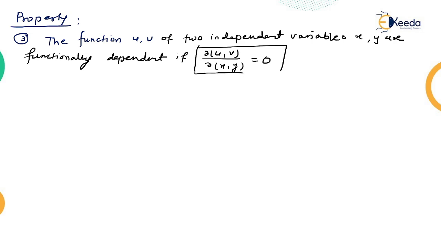Means in some example, if you want to show whether the functions are dependent or independent, you can use this result to show it.